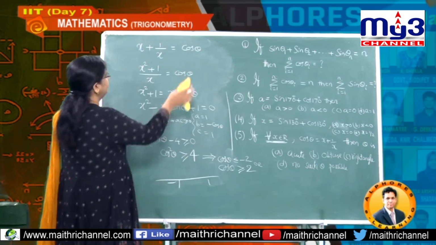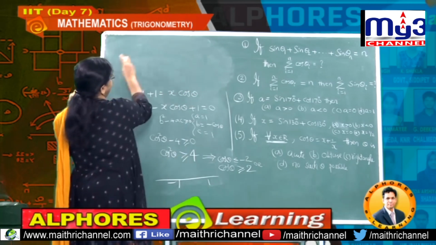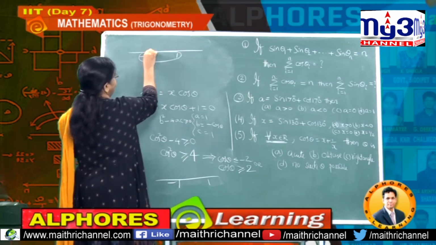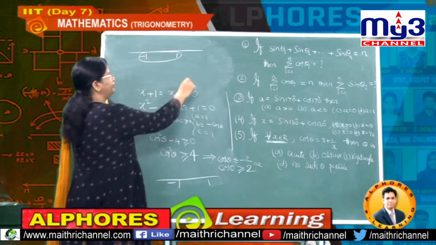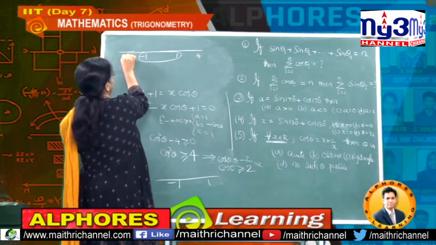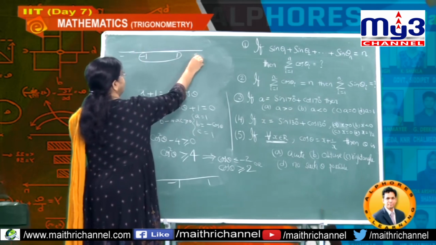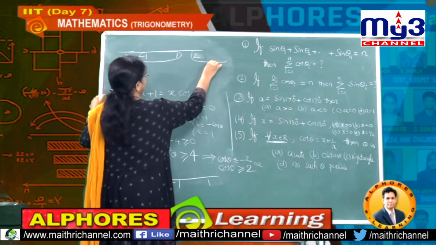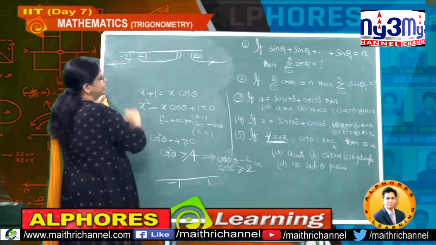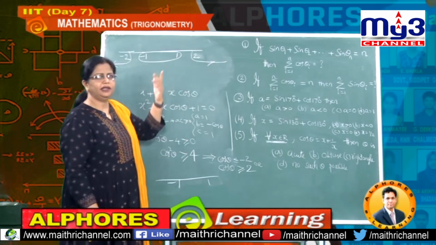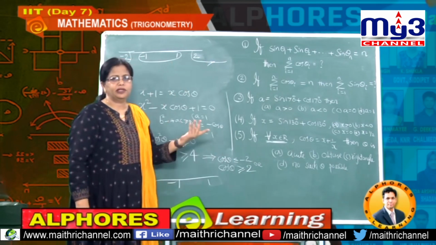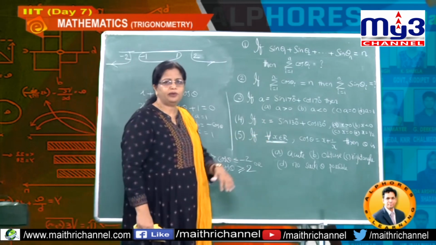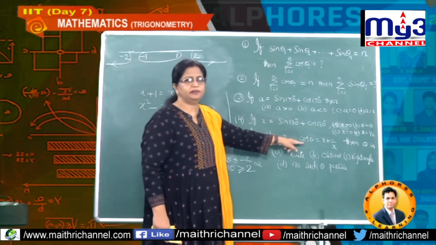But here we got 4 on this side and minus 4 on this side, after taking square root minus 2 and plus 2, all values from here onwards or from here onwards. But these values cos cannot take, whatever theta you give. So again we have solved this problem based on the concept of the range of the cos function.